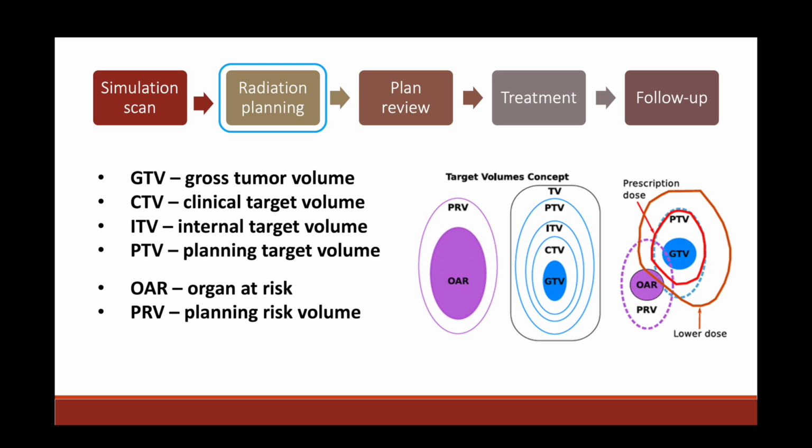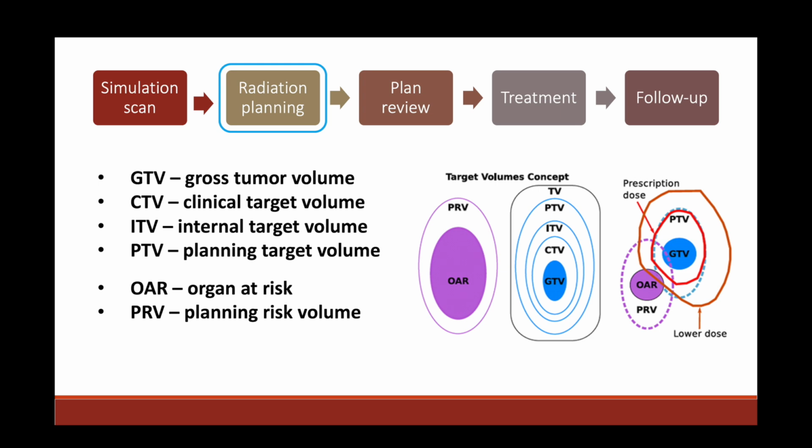And then finally, the planning risk volume, or the PRV, is kind of the equivalent of an ITV, but for the OAR. So with a planning risk volume, sometimes we will add an additional margin, or we will contour our organs at risk to account for the motion of that organ at risk. We don't always do this. So just because we're drawing an ITV for our tumor doesn't always mean that we'll be drawing a PRV for our organ at risk.